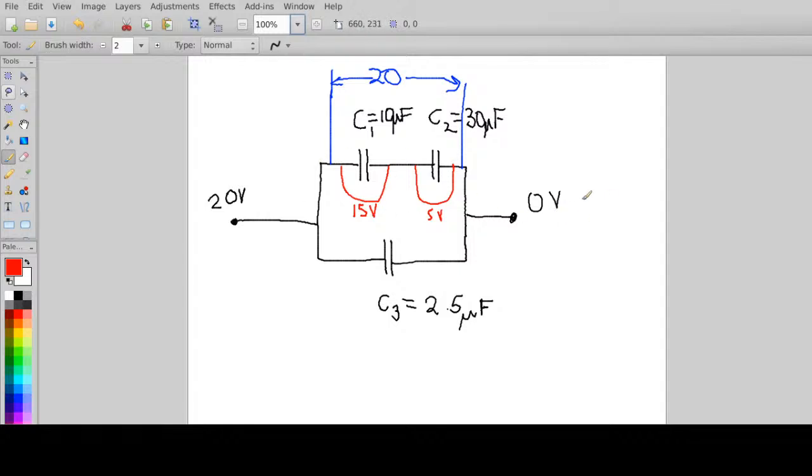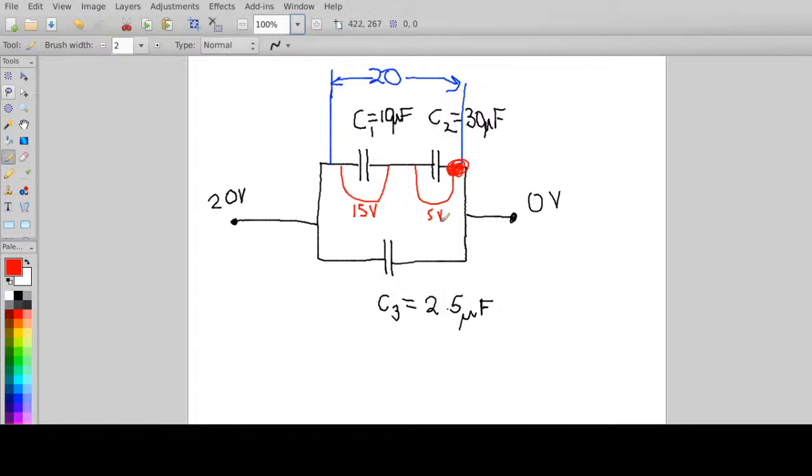Remember, voltage drops are like walking downhill. The word drop has this sense of a height associated with it. So if you're at this point right here in the circuit, where I have that big red dot, you're at a height of 20 volts. You walk across the first capacitor to there, you've just walked down 15 volts. You walk across the next capacitor, and you've walked down another 5.